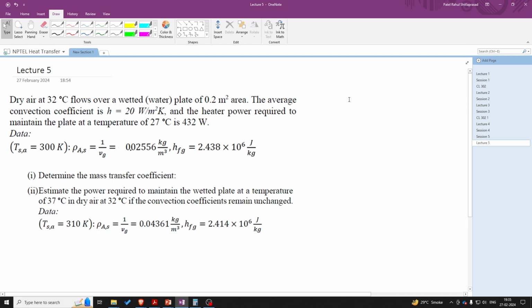The question states that dry air at 32 degrees Celsius flows over a wetted plate of 0.2 meter square area. So let's consider the plate as a square one, and the area is given as 0.2 meter square.